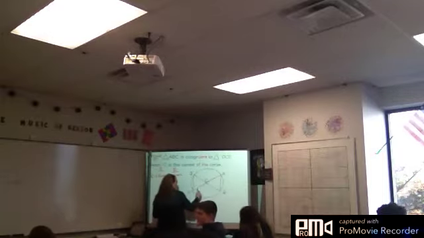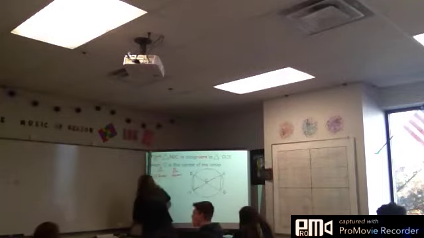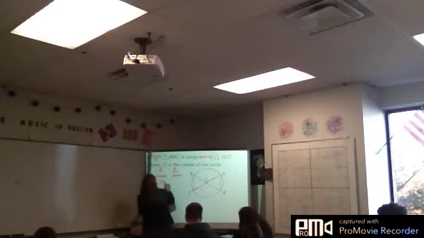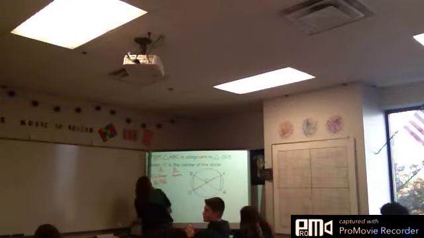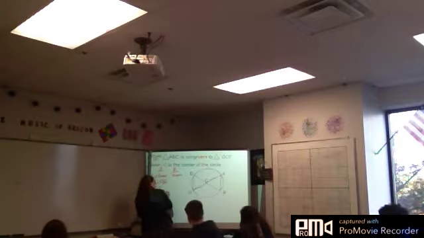Because you would say AC is congruent to DC. You would say what else? That EC is congruent to BC, okay?